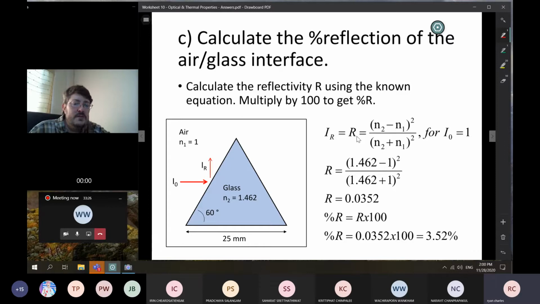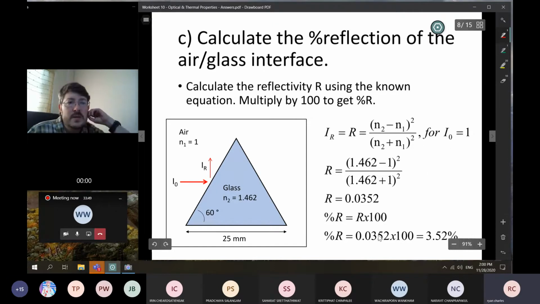Calculate the reflection. This is just using the reflection equation. So we have air, N1 is 1. We have glass, N2 is 1.462. We know that the equation to calculate reflection is N2 minus N1, squared, divided by N2 plus N1, squared.